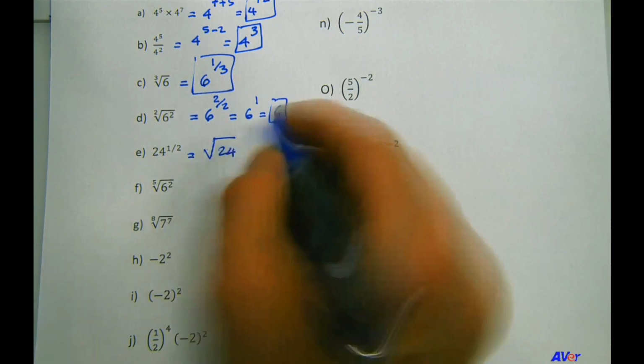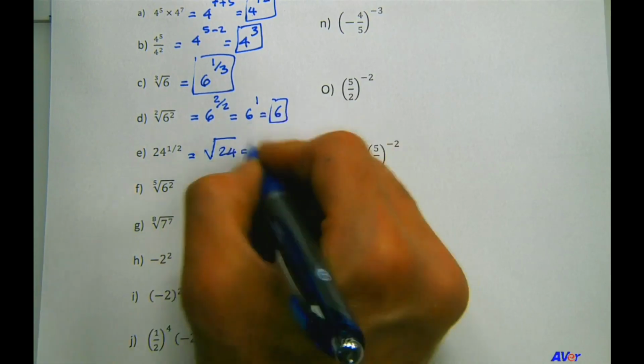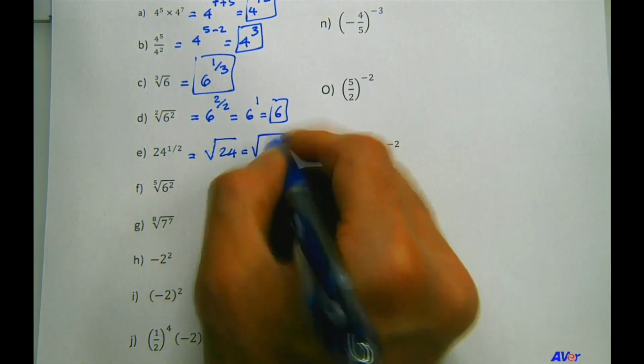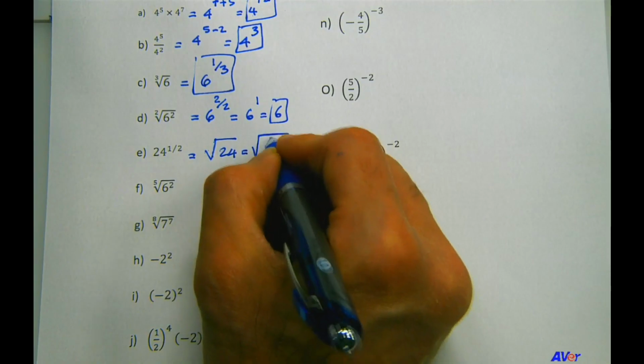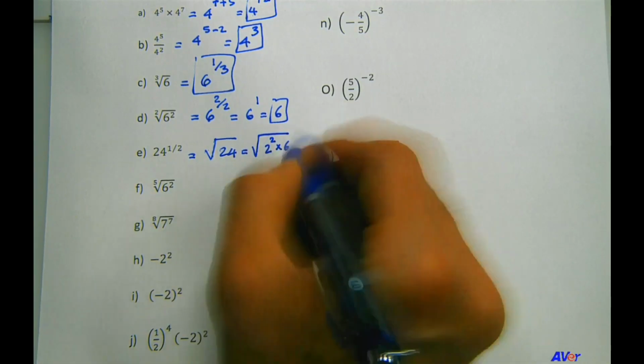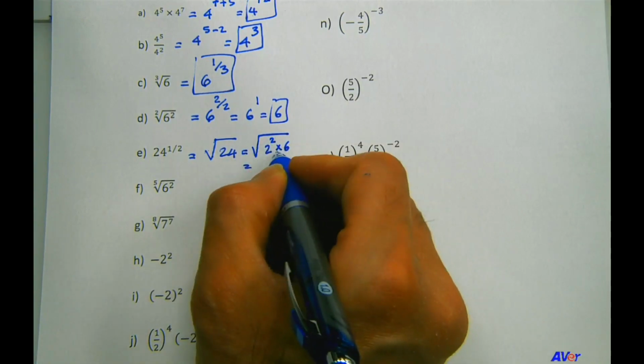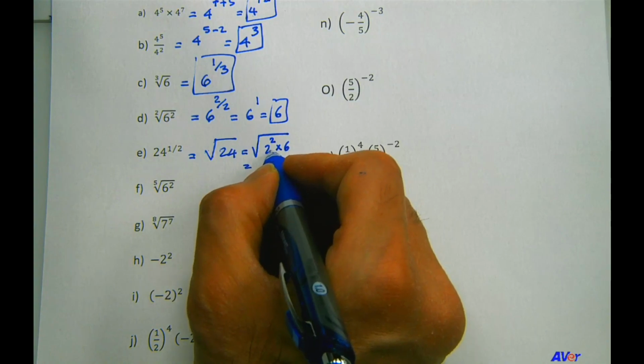So, can we simplify this? Absolutely, because 24 is a product of 2 squared times 6, right? But then 2 squared is being multiplied by 6, not added or subtracted, multiplied.